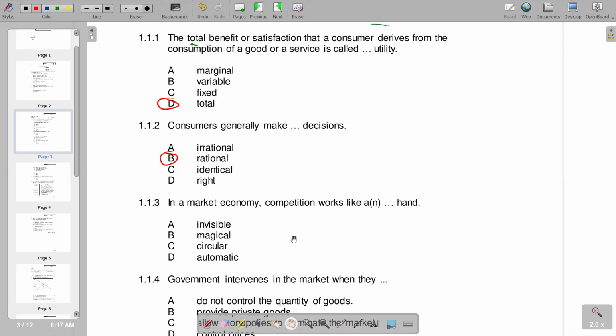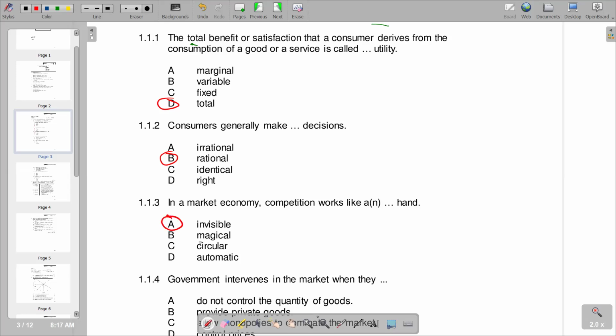We are just saying in the market we have the market forces of supply and demand determining the activities that are happening there. We don't have any external force coming in to determine, for example, price. So basically that's what we have in terms of the invisible hand. So our answer is invisible hand.